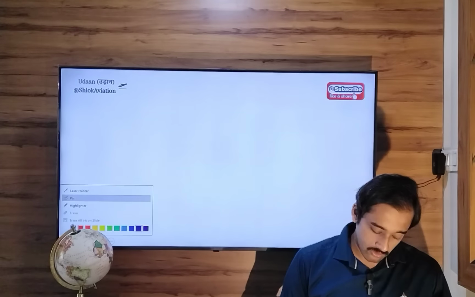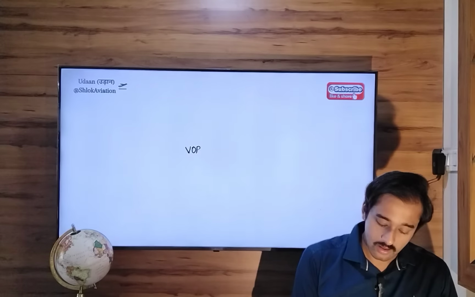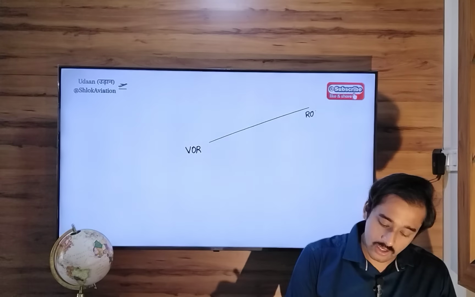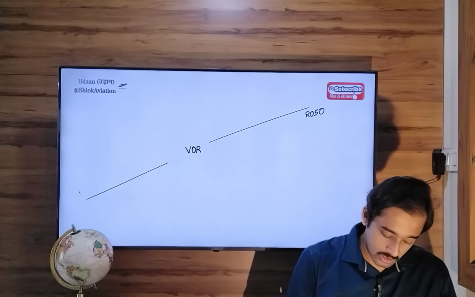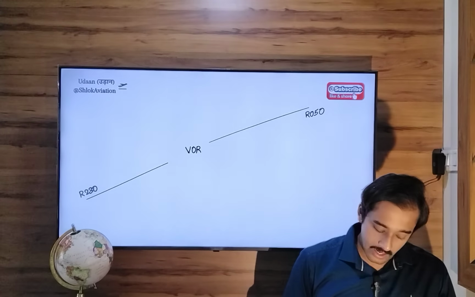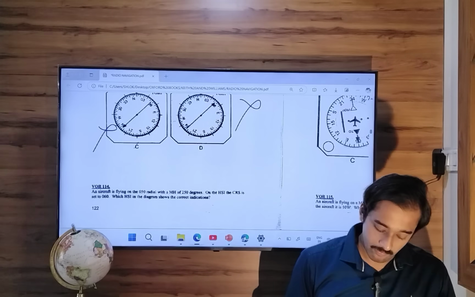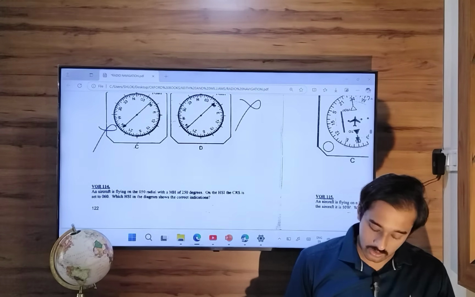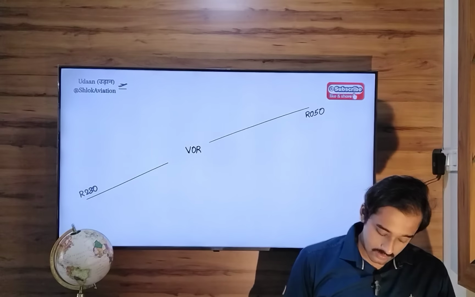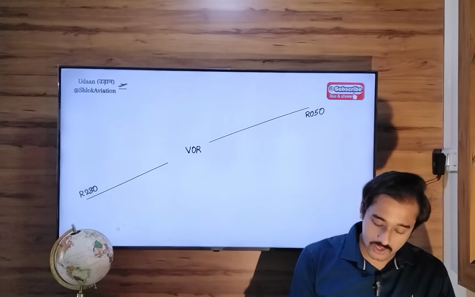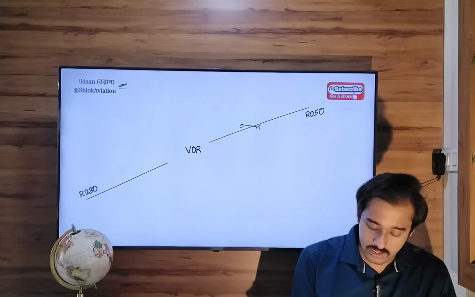So this is your VOR station. You are on radial 050. The reciprocal is 230. Heading of aircraft is 250.